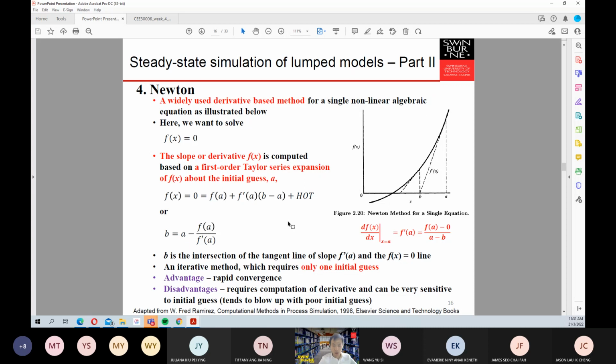The advantage is rapid convergence. The disadvantages are that it requires computation of the derivative and can be very sensitive to the initial guess, so it may blow up with a poor initial guess.